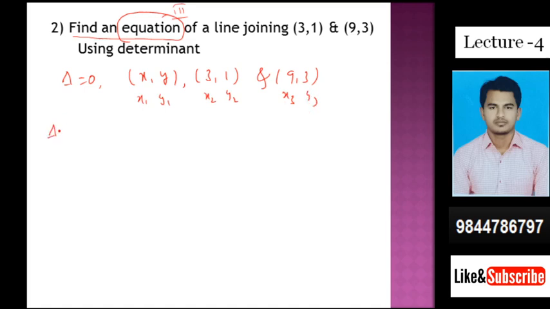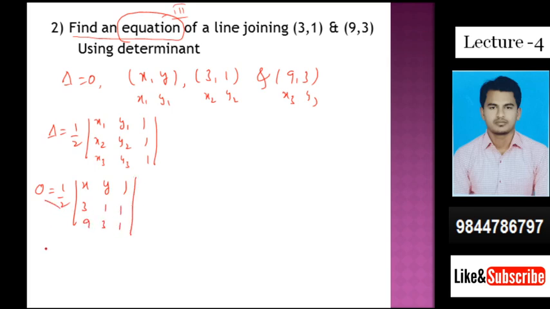Now here delta is equal to half into x1 y1 1, x2 y2 1, x3 y3 1. Now delta is equal to 0, 1 by 2, x1 y1 means x y, 1 3 1, 1 9 3 1.